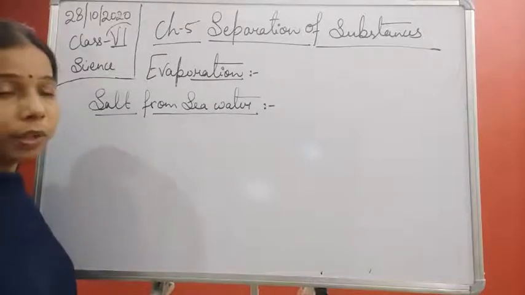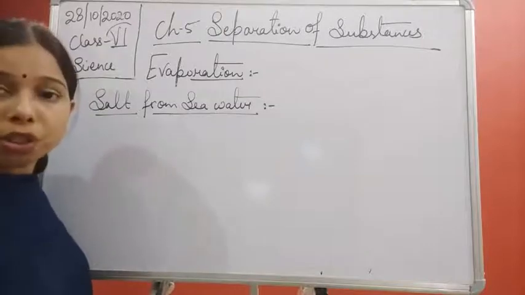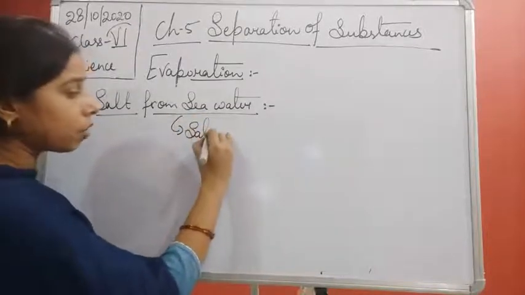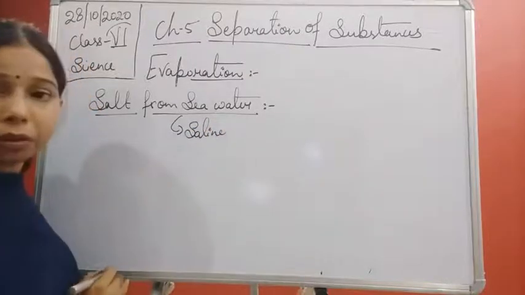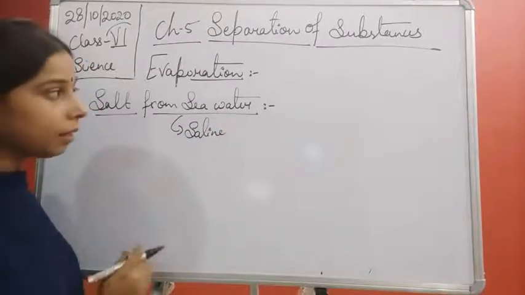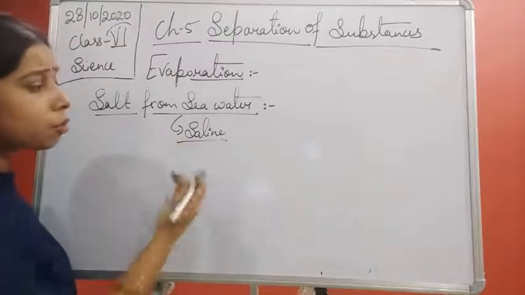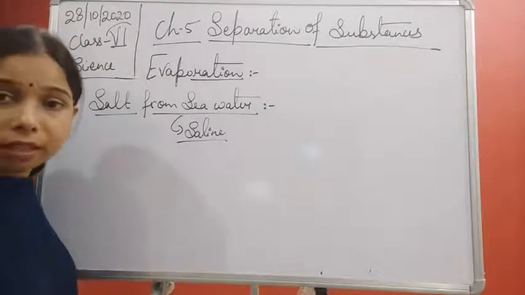What we know is that seawater or ocean water consists of salt, and that is why it is also known as saline water. Saline means consisting of salt, and you know that if it is salty water, it is not fit for consumption.